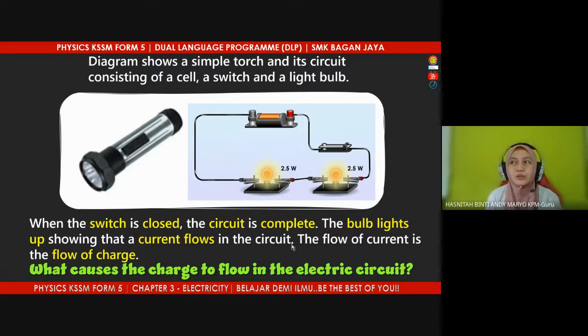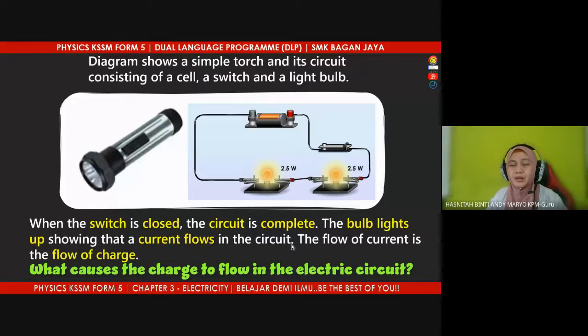When you close the switch, we understand current flows through the circuit, so the bulb lights up. So I would like to make a throwback. What is meant by current? Anyone remember? You just learned 3.1, current and potential difference. Current means the rate of flow of charge.